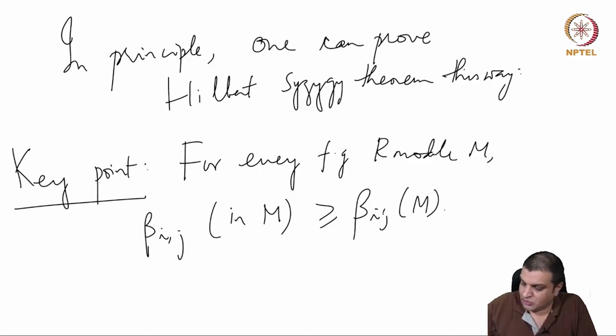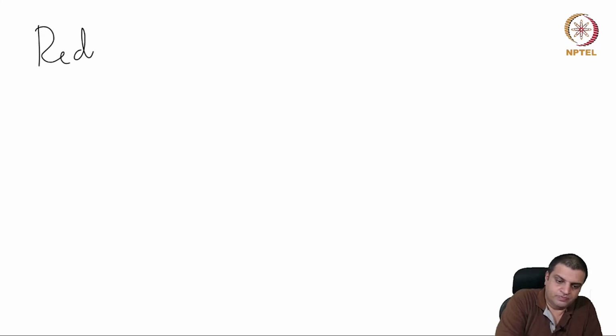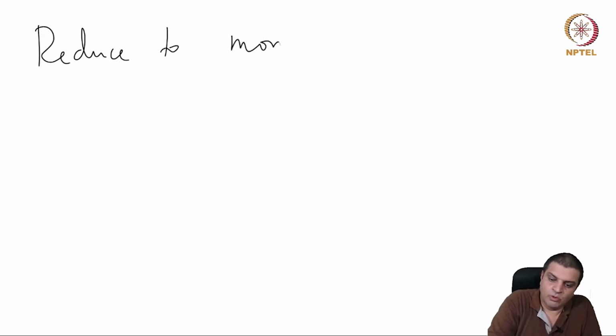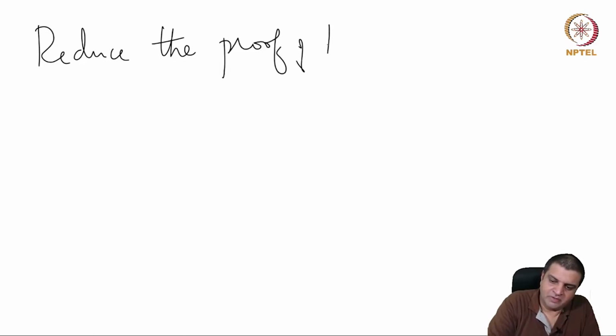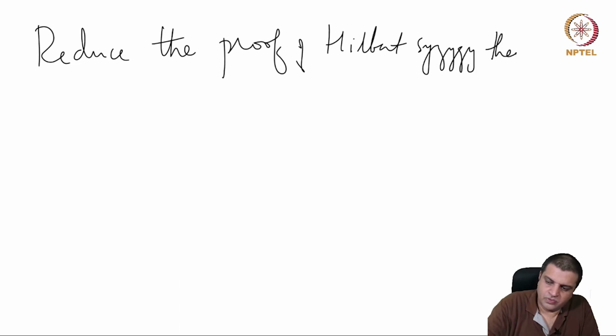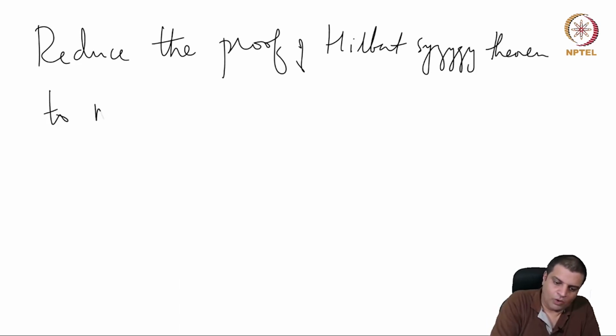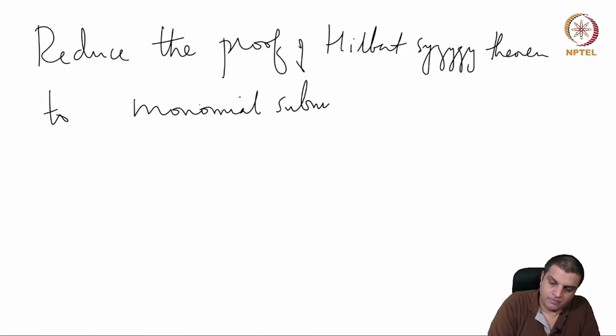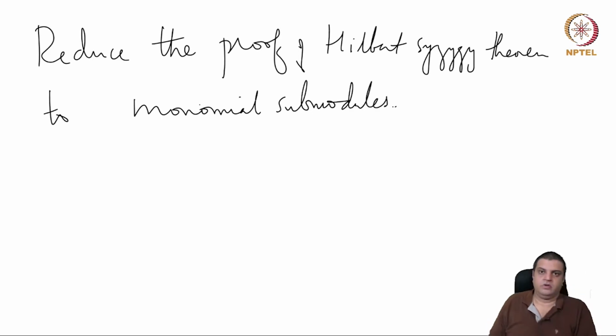So with this we can reduce the proof of the Hilbert syzygy theorem to monomial submodules of F. But what do they look like?